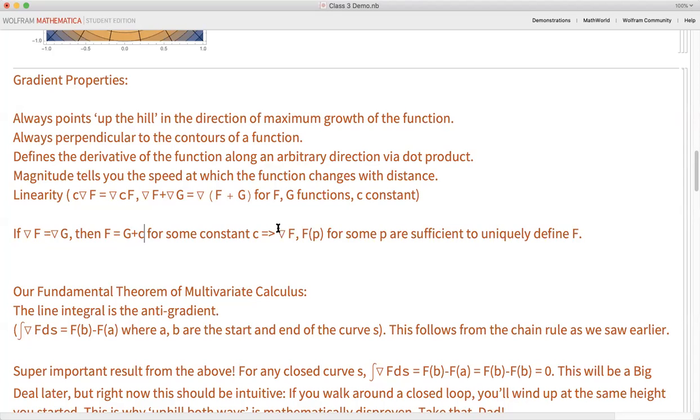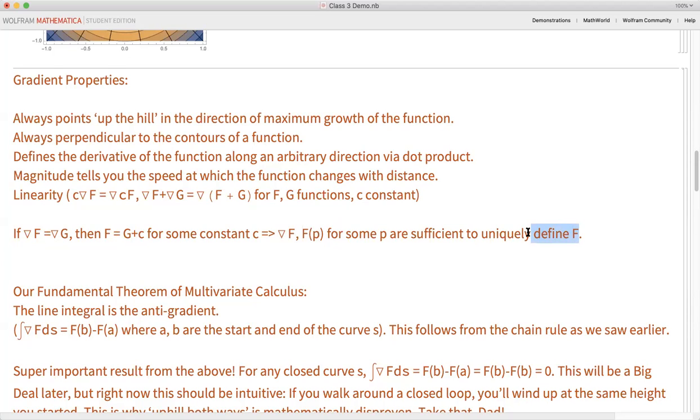So in order to uniquely define a function, you need both its gradient and its value at some point p. If you have p and f of p, you have pinned the function at one point, and you have the gradient of the function everywhere else, that's enough to uniquely define the function.